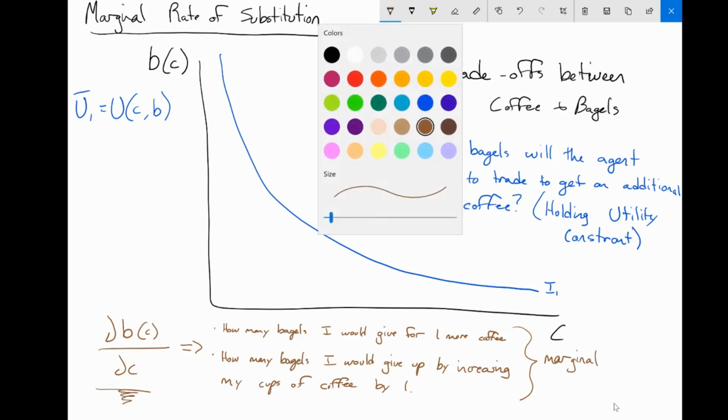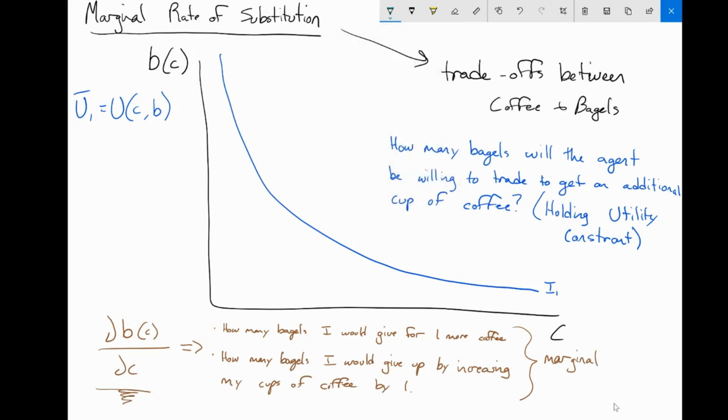Just as a side note, in case this hasn't been perfectly clear, whenever we talk about margins, on the margin, that usually implies that there's going to be a derivative somewhere, because the derivative is the marginal change in the function f given a marginal change in the variable x.